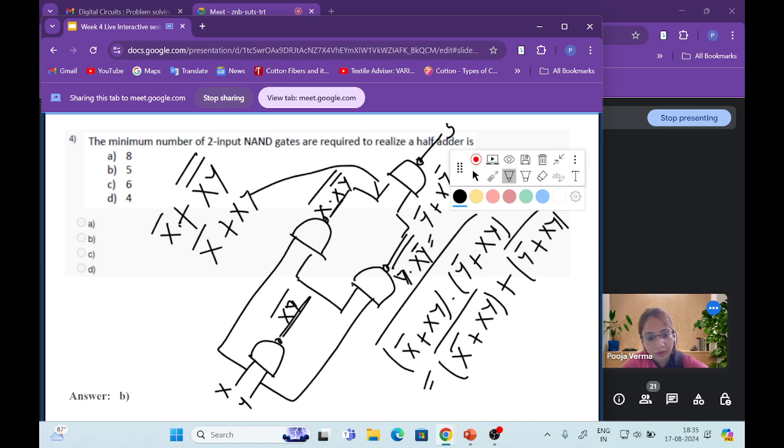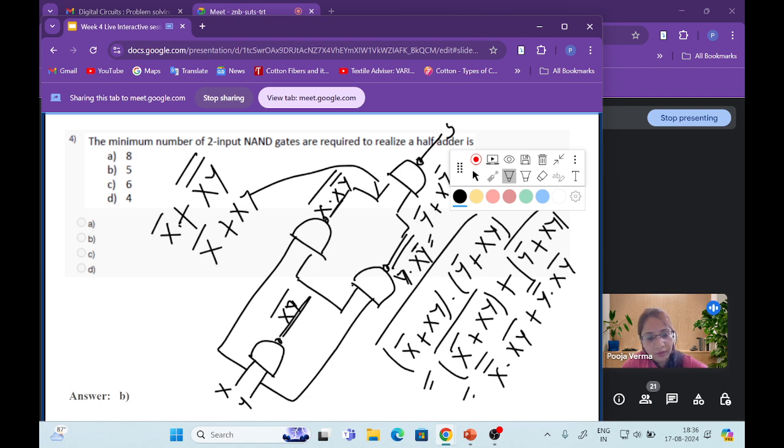Now again, if you solve it further, you will get x double dash, which is x, in multiplication with xy dash, right? Plus here y double dash into xy dash.